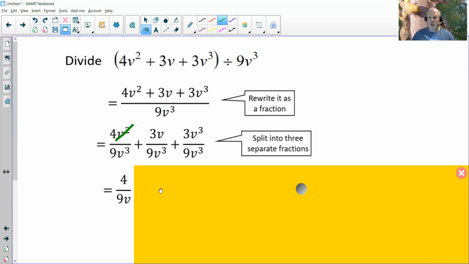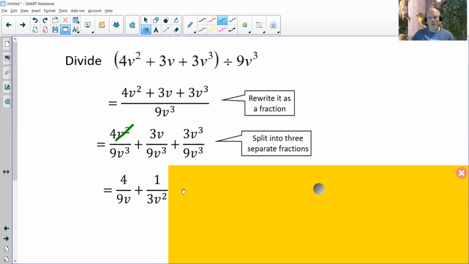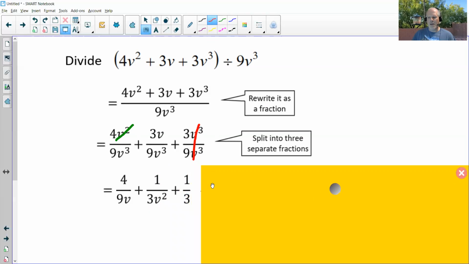The second fraction, 3 over 9, reduces to 1/3, and v over v cubed reduces to 1 over v squared. In our third fraction, v cubed over itself is 1, and 3/9 is 1/3.